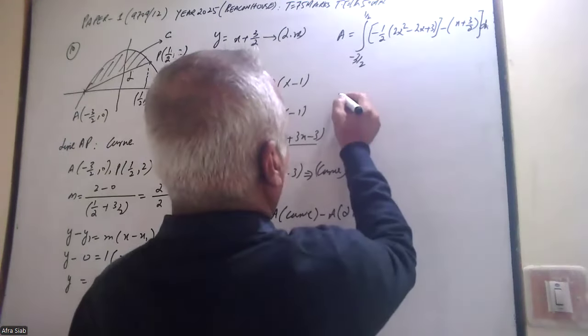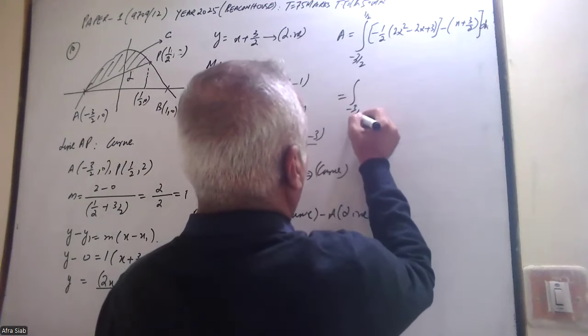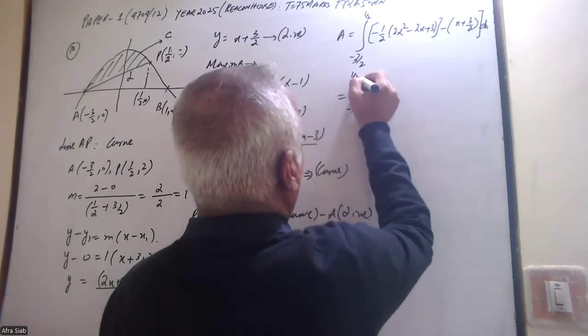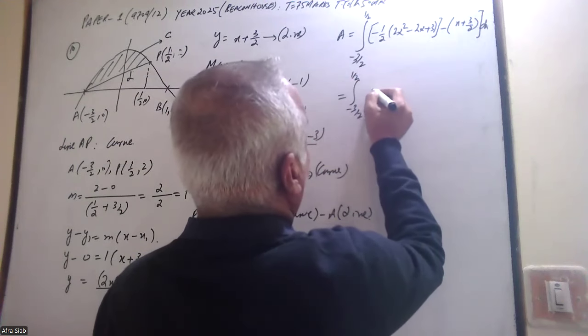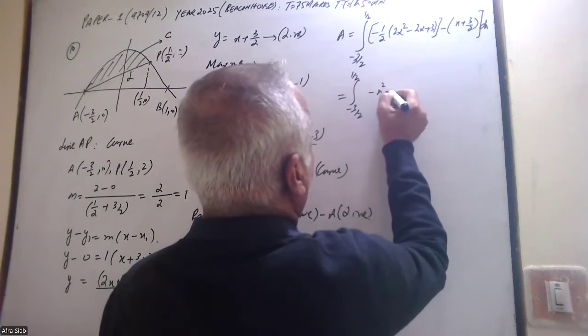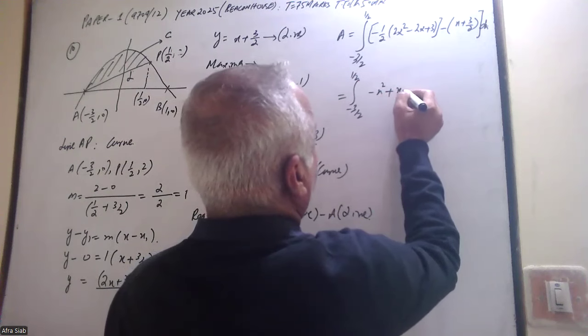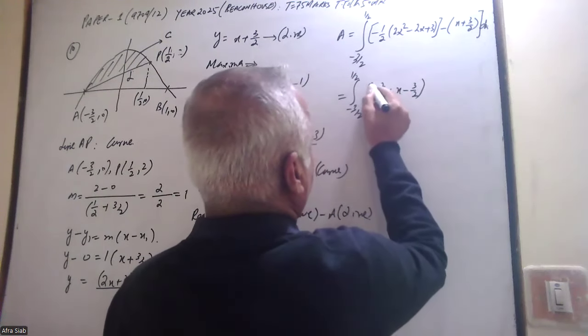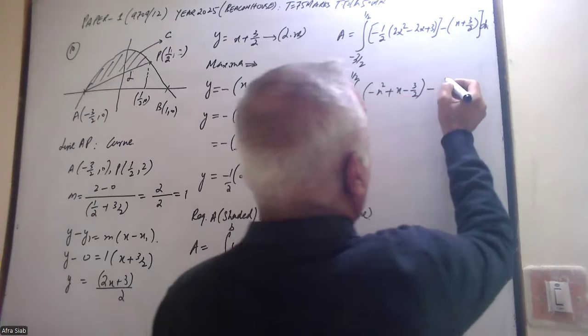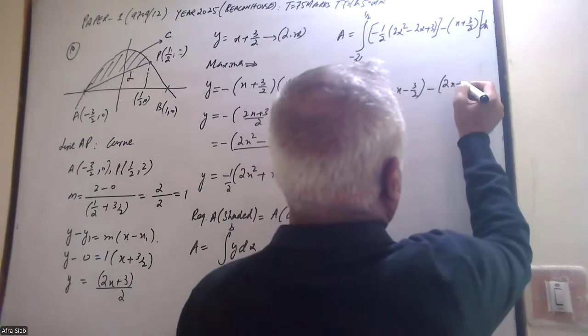So this will become equivalent to minus 3 over 2 to half into minus x square plus x minus 3 over 2 minus 2x.